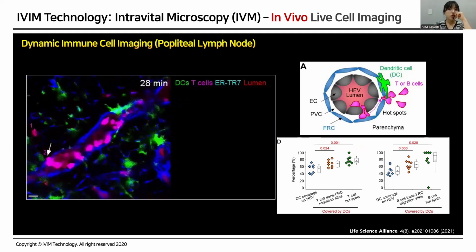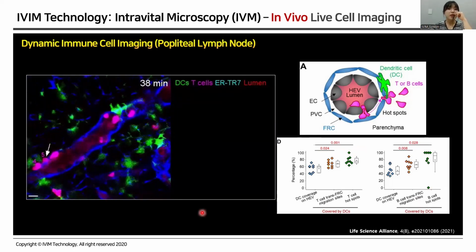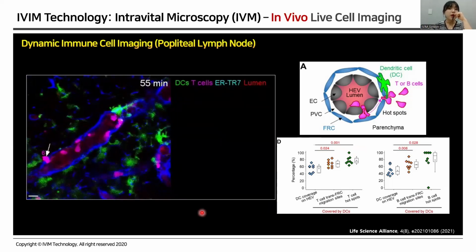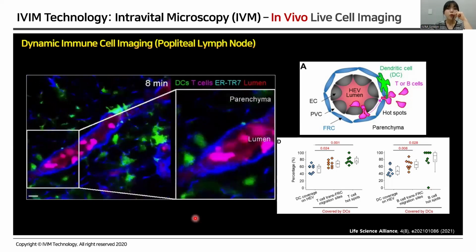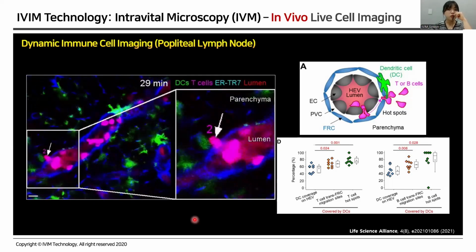A key question was whether T lymphocytes extravasate at sites where HEVs are covered by DCs simply by chance, or whether there is a true preference for these DC-associated regions.